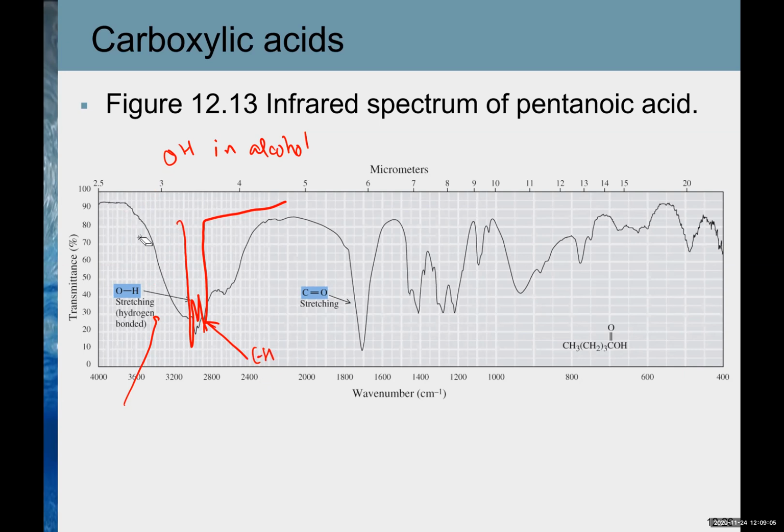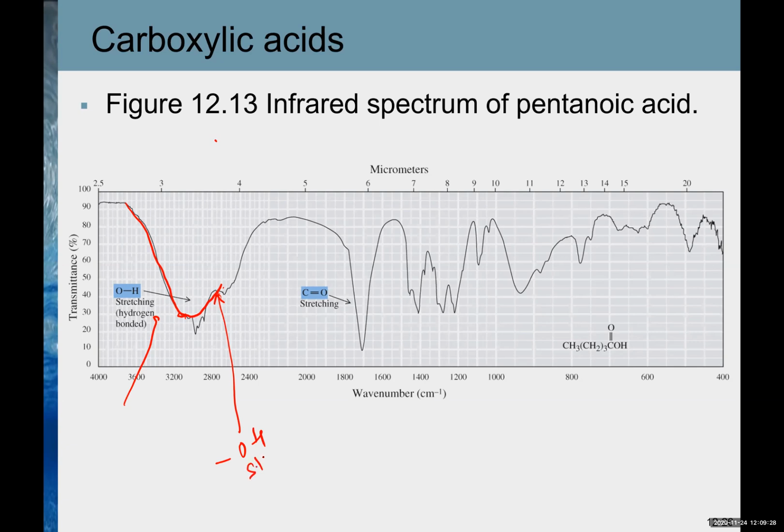Look at what happened in carboxylic acid. It is so broad that it encapsulated the CH bonds. It's so broad that it's now going all the way from here to 2800. That's the OH stretching. It's extensively hydrogen bonded. That's why it makes it extremely broad.